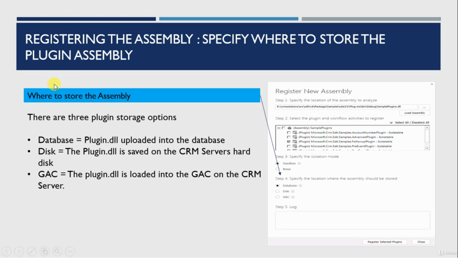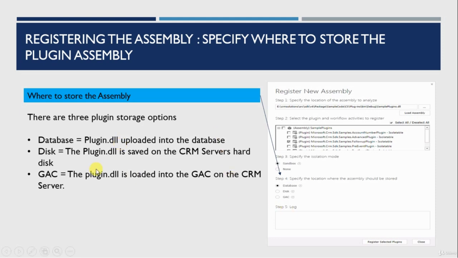So there are three places to store a plugin assembly. First is database, where the plugin DLL will be uploaded in the Dynamics 365 database. The other option is to save it on the disk, where you are specifying to store the DLL on the CRM server hard disk.